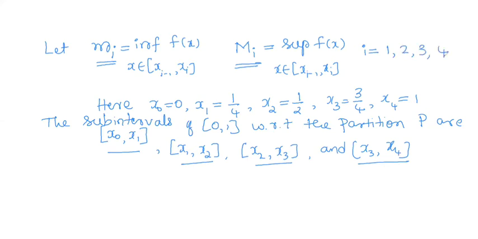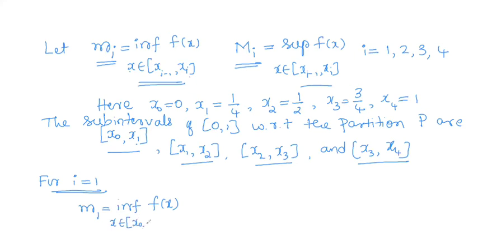Right, we shall calculate. So for i is equal to 1, put i is equal to 1 in this. So as x varies over x0, x1, you have to calculate m1. So m1 is the infimum of all f of x as x varies from x0 to x1. That is, it is the infimum of all f of x as x varies from 0 to 1 by 4.